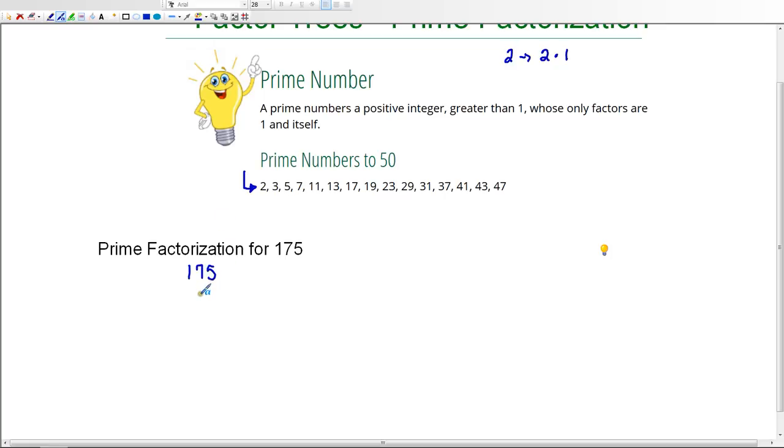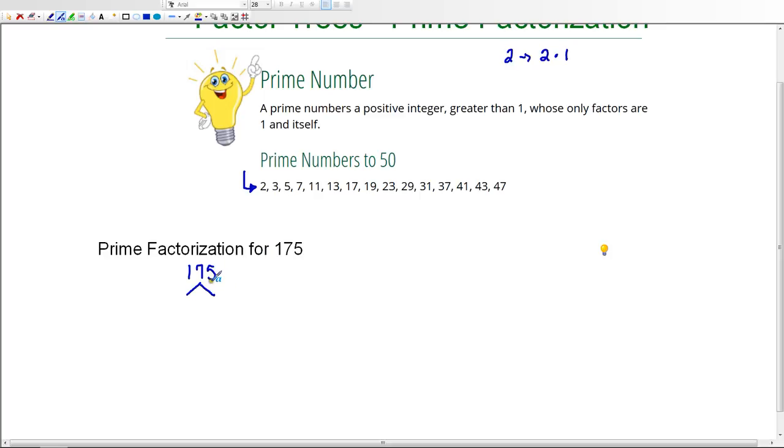A factor tree is simply branching off of a number, and that's why it's called a factor tree. So we're going to branch off of 175, and we're going to think of two numbers that we could multiply together to get a product of 175.